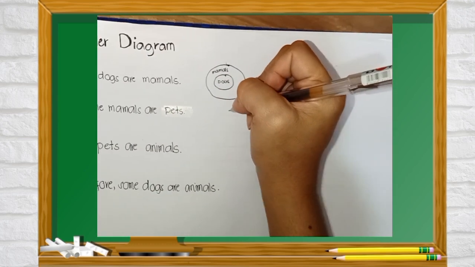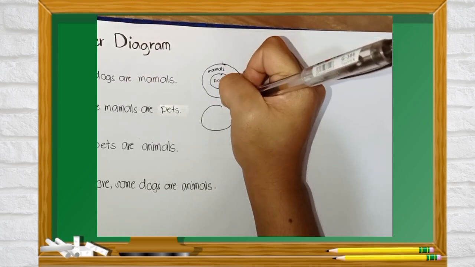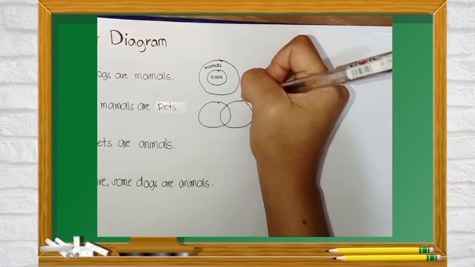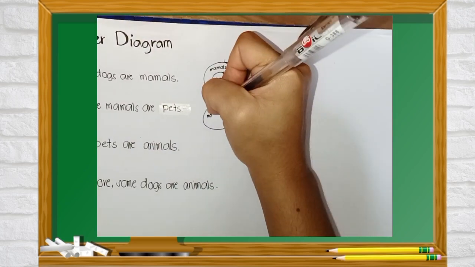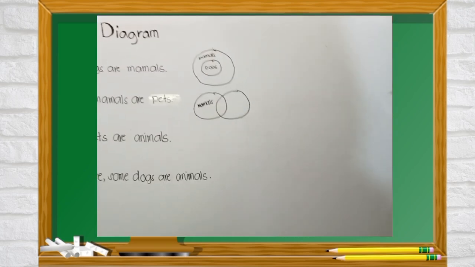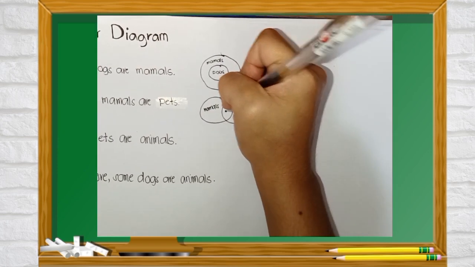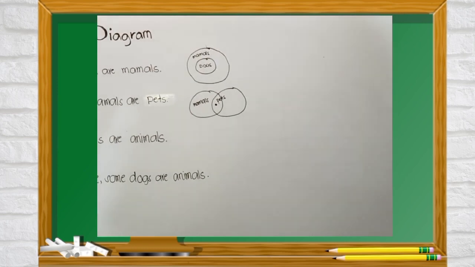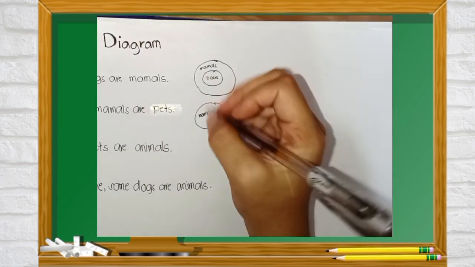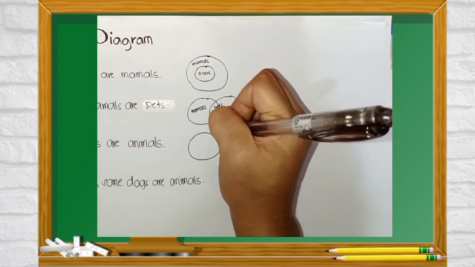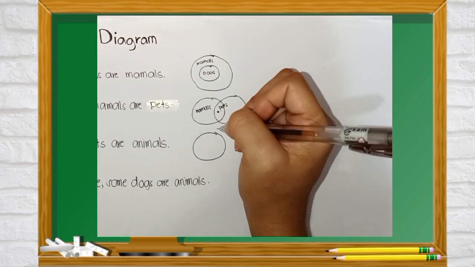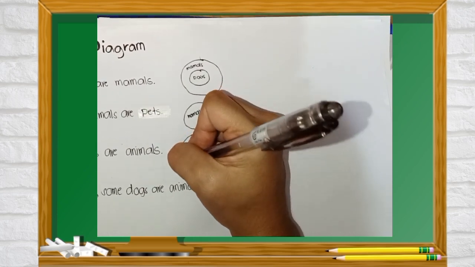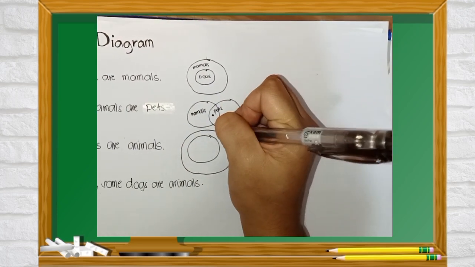For the second premise, some mammals are pets, so the circle representing pets partially overlaps with the circle representing the mammals. Next, all pets are animals, so the circle representing animals must completely enclose the circle representing the pets.